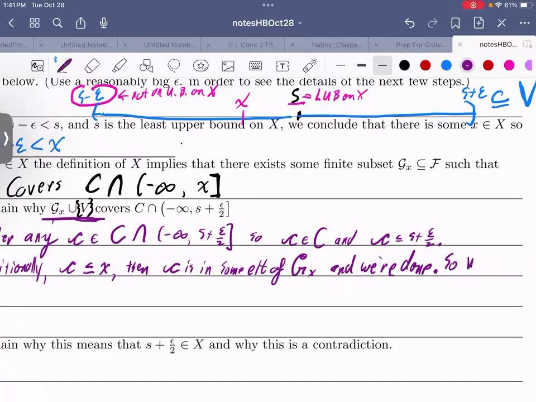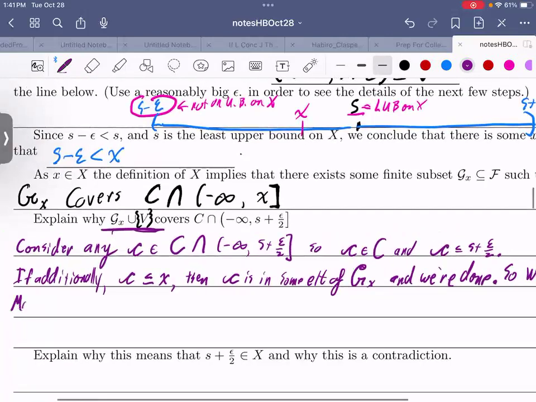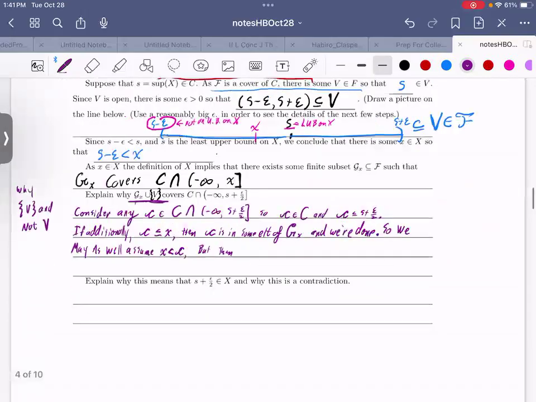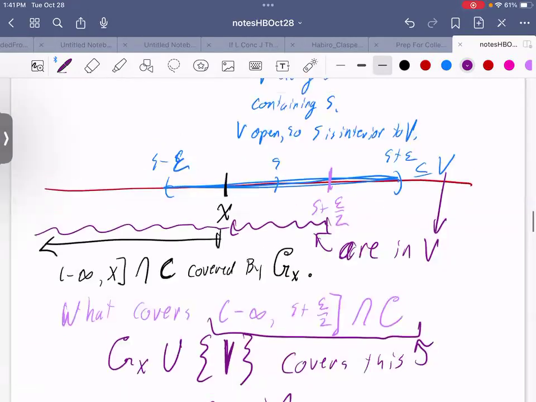So we may as well assume X is less than c, but then let's scroll back down and use the ideas here. So c is bigger than X, so it's in this range.